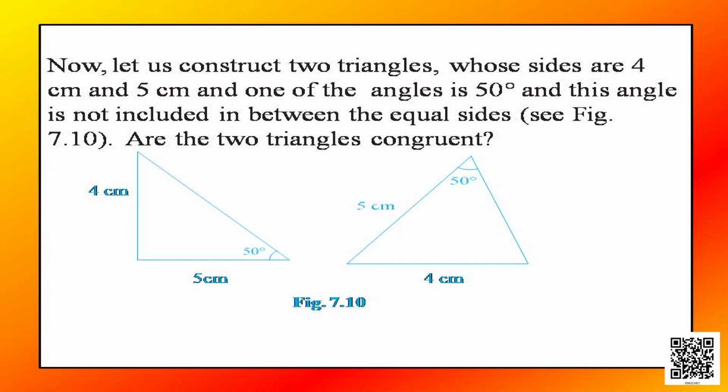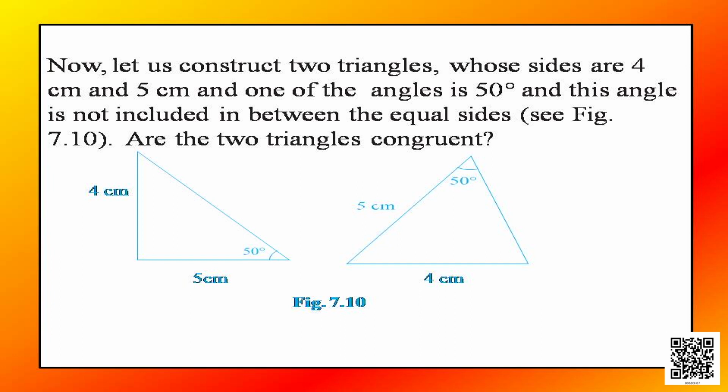See, in the first triangle the given sides are of 5 cm and 4 cm, but the angle 50 degree is not included. That means the angle 50 degree does not have the sides as 4 cm and 5 cm. It has only one side, that is 4 cm. 5 cm is not the side of that angle, isn't it?